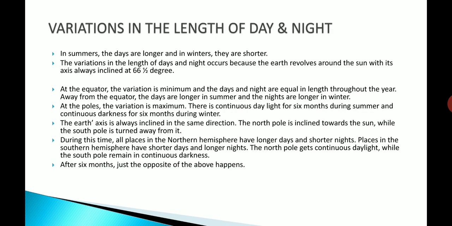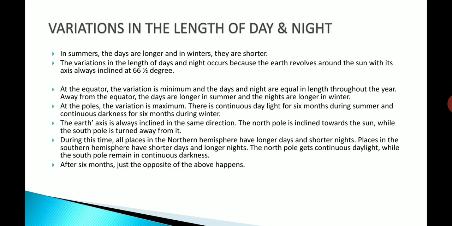At the poles, that is at the North Pole and South Pole, this variation is maximum. There is continuous daylight for 6 months and then continuous dark or night for the next 6 months during the winter. Means daylight during the summer for 6 months and night time during the winter for the next 6 months.